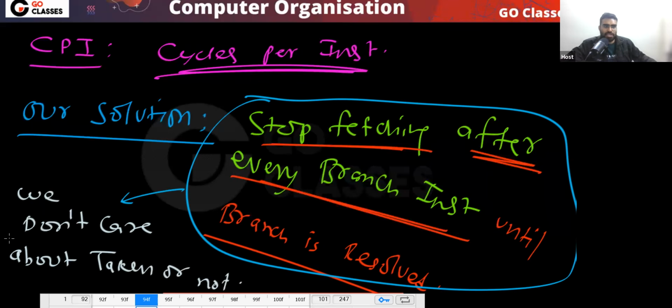So your answer will be what? Your ideal CPI is what? Always think in terms of per instruction. If you want to find CPI, think per instruction.